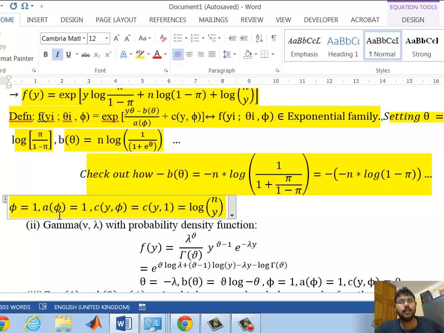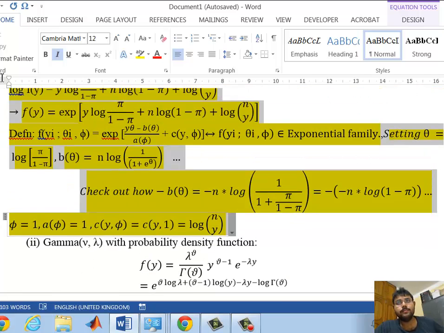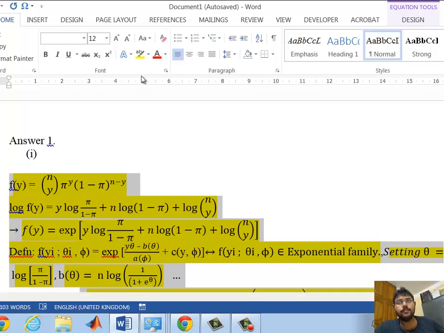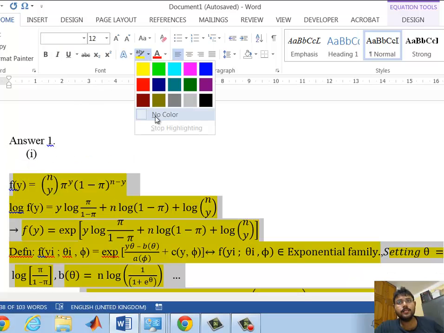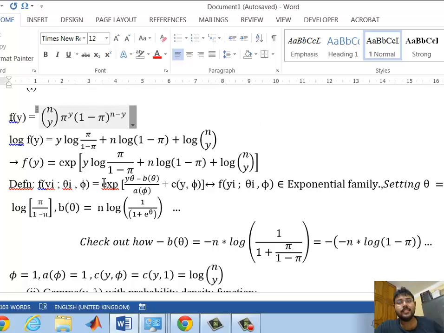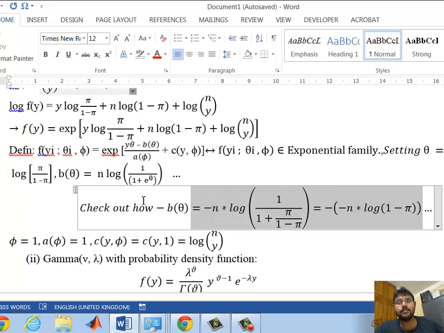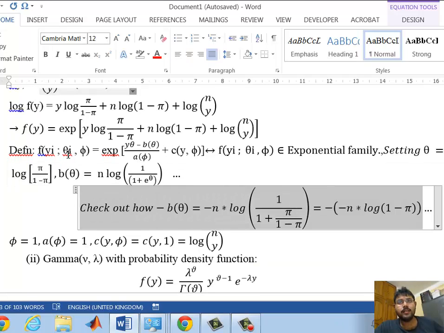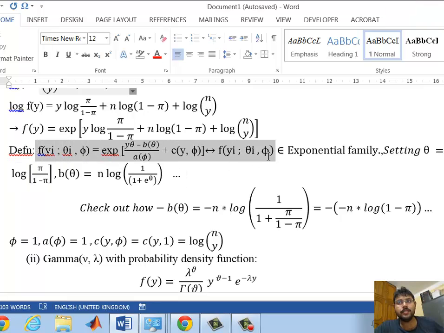So I say psi is 1, a of psi is 1, c of y comma phi equals c of y comma 1 equals log n combined y. Nothing much of substance there, it's more of the strategy, the back calculations out here, and this is where we had to reach.